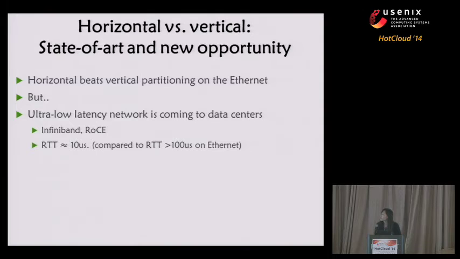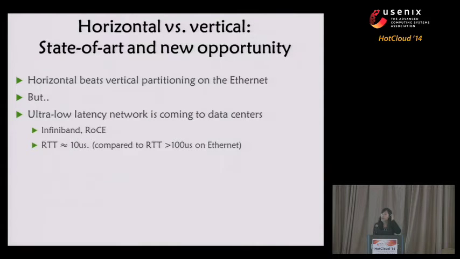Specifically, the technology I am talking about is the ultra-low latency network. These networks, such as Infiniband and RoCE, RDMA on Ethernet, provide round-trip latency of several microseconds, an order of magnitude faster than Ethernet.